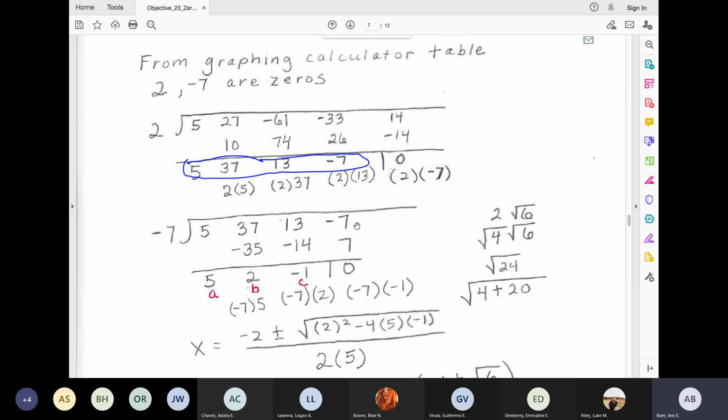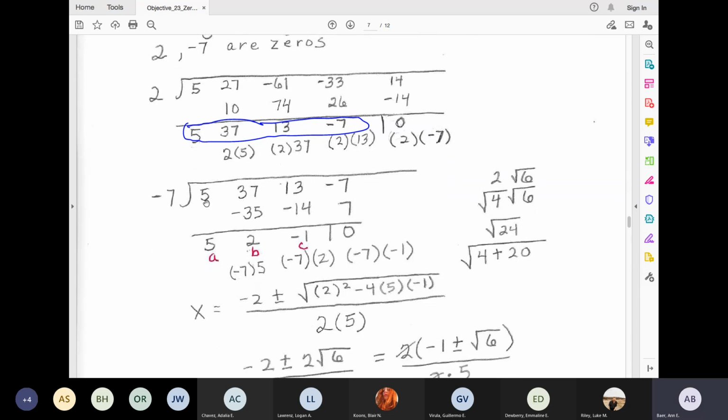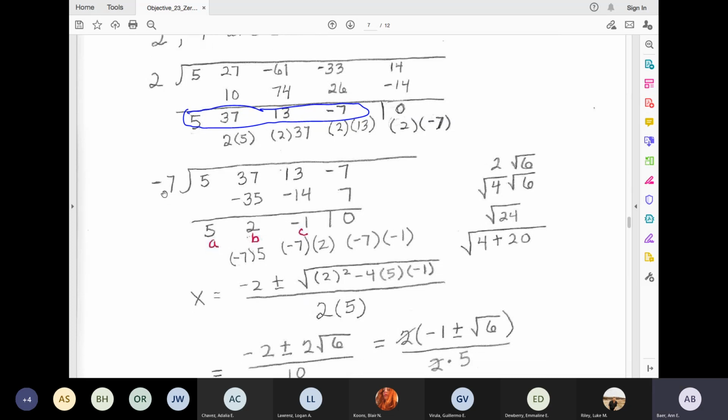And now we are starting with a cubic, and this -7, which is a known 0, we are going to use to get it down to a quadratic. So we drop this first number. We then take this number, -7, and multiply it by what's at the bottom of the previous column, which is 5. -7 times 5 is -35.